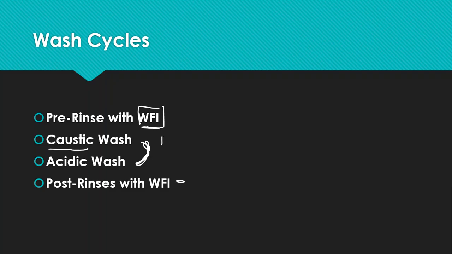Caustic wash. What's caustic wash? Well, caustic is anything that we are referring to as a base. So if something's basic, then it typically has a pH greater than 7, okay? And the reason that we like bases is because they can destroy cells and living things.